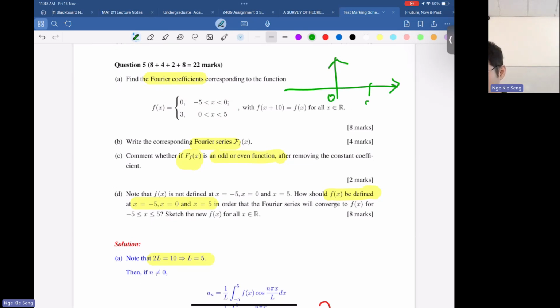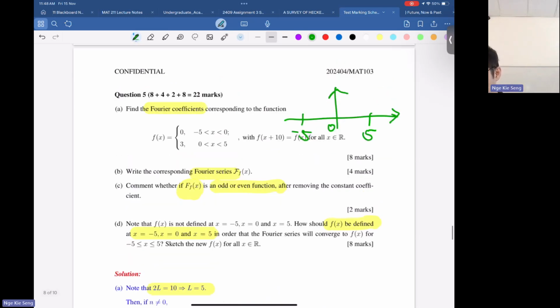I have 0, 5 and minus 5. From 0 to 5 we have 3, so without a point here this is 3, and then there's 0. Using another color, there is no point there. But can you add points to these three points?